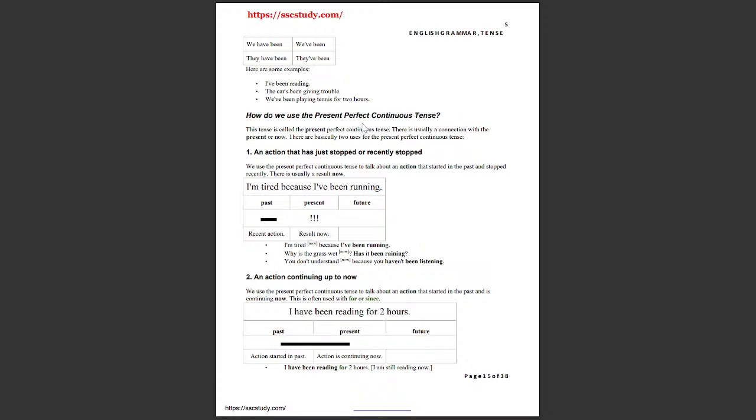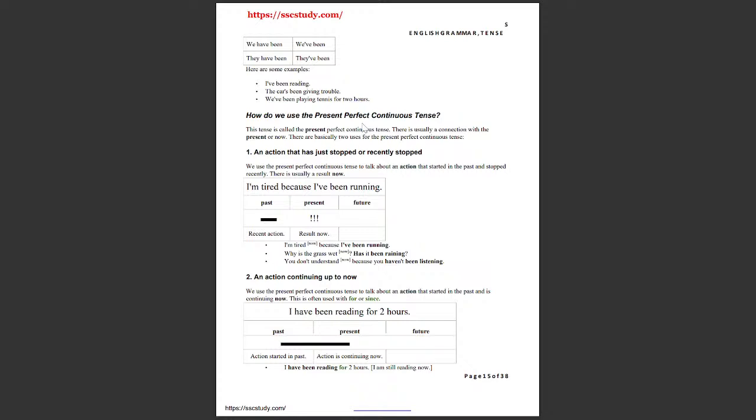Firstly, the action that has just stopped or recently stopped. We use the present perfect continuous to talk about an action that started in the past and stopped recently. There is usually a result now, like I am tired because I have been running.